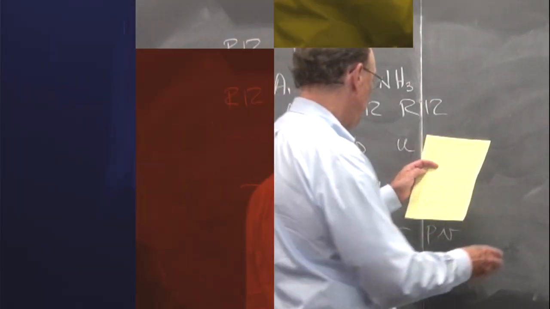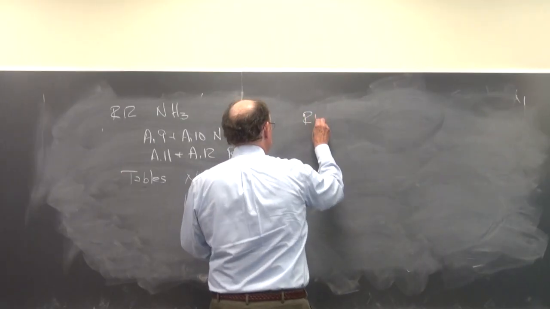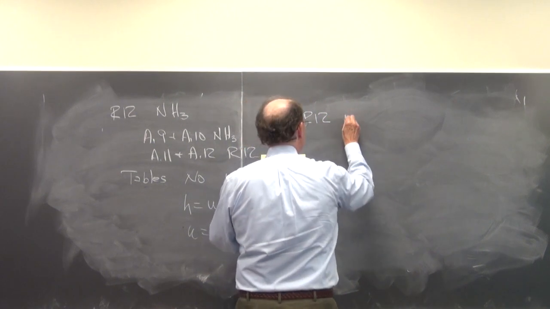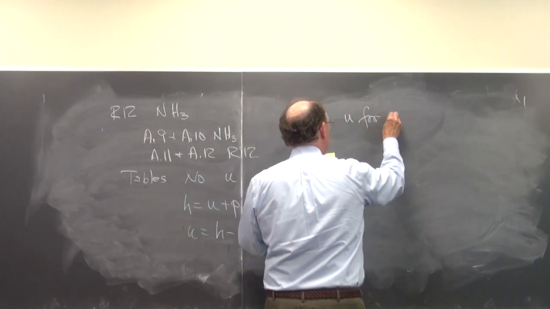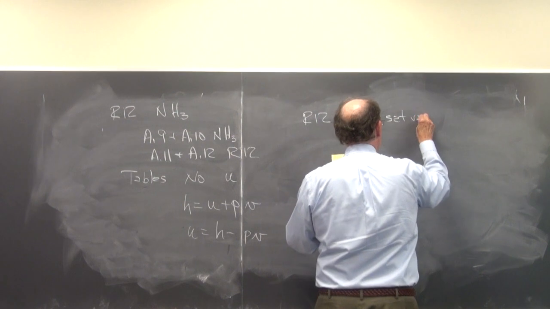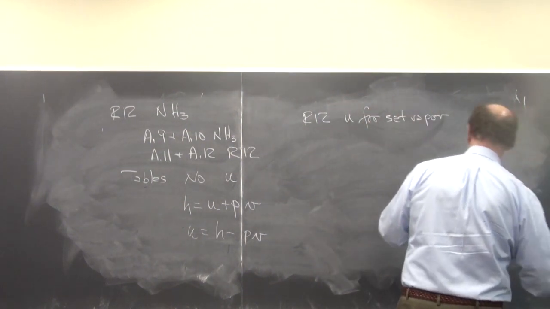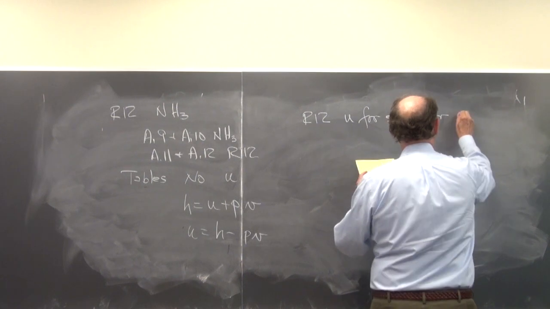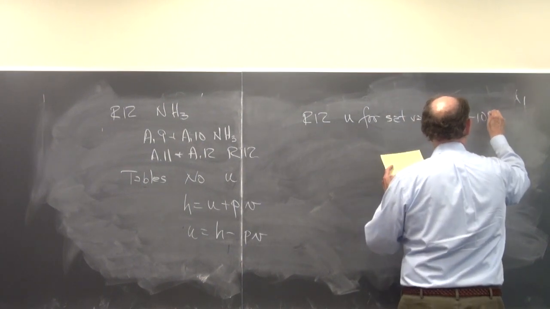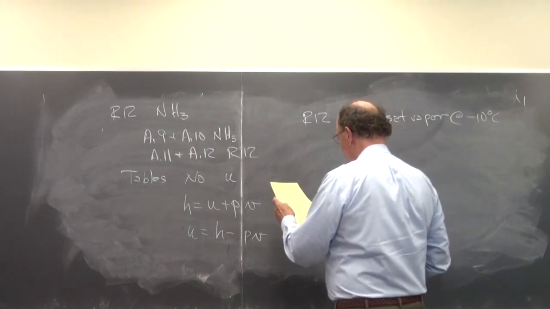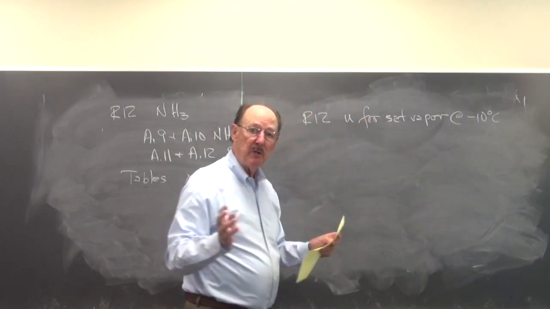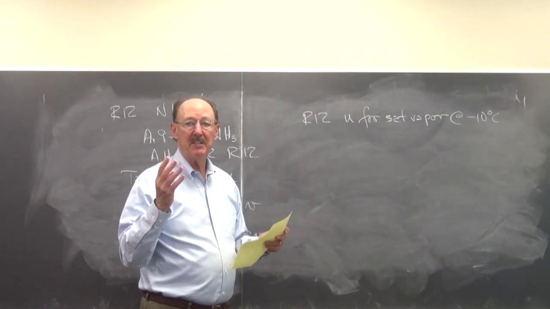Let's say with R12, we're going to find U for saturated vapor at minus 10 degrees C. Notice that for R12, there's only one saturated table.